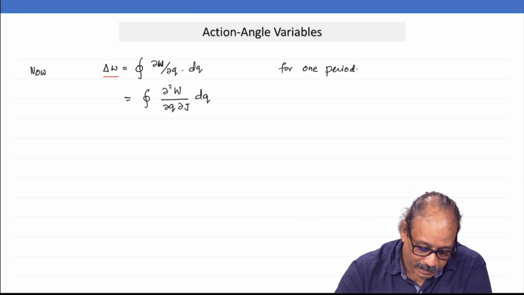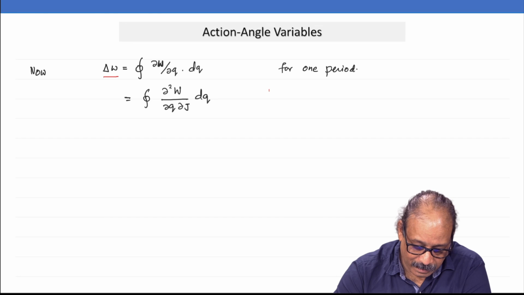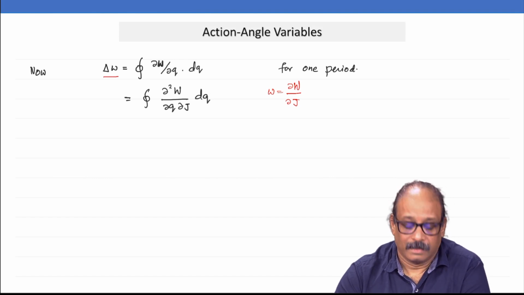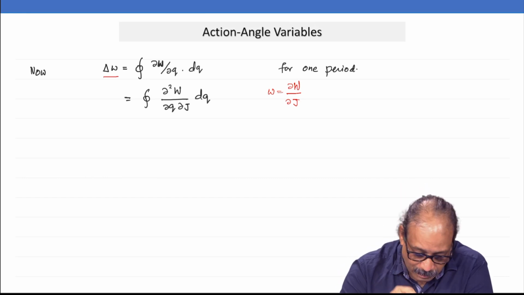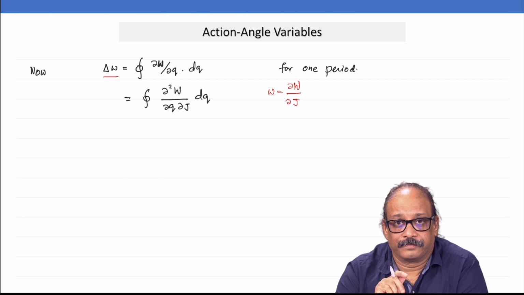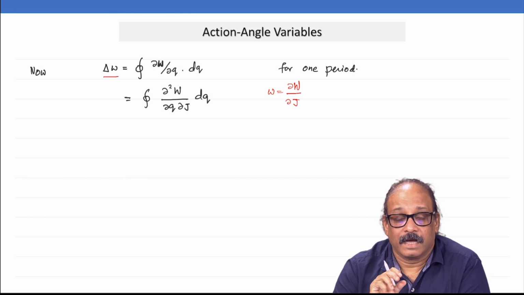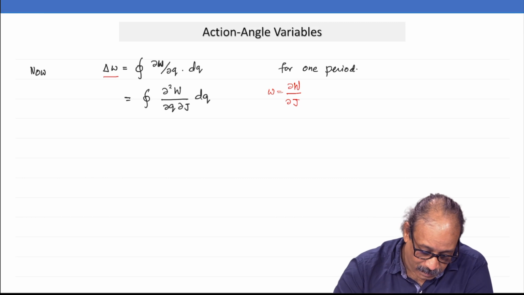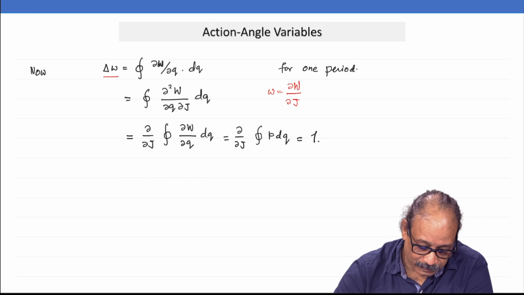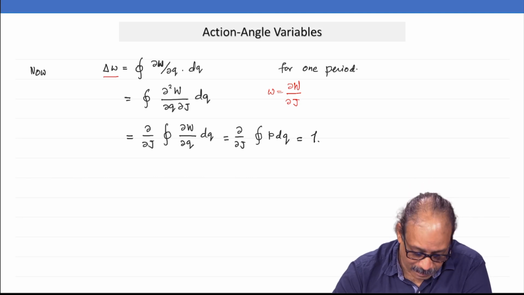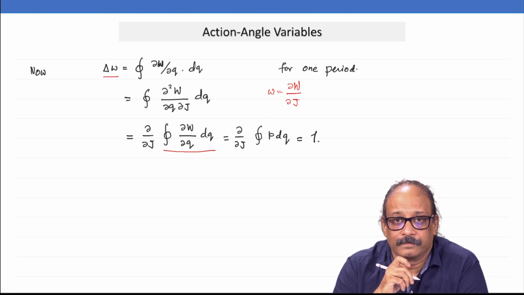Now, we already know W is nothing but partial of capital W divided by partial J. Put it there. Remember, J is a constant of motion. So, I can interchange the order of the differentiation and the integration, except for q, and then write this as the partial with respect to J of the entire expression, and the expression would be the integral of del W by del q into dq.